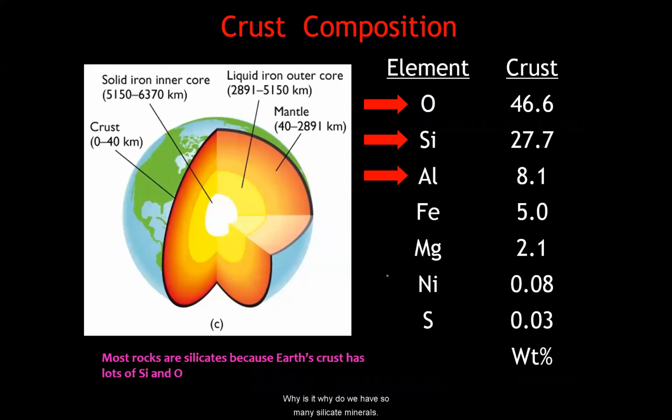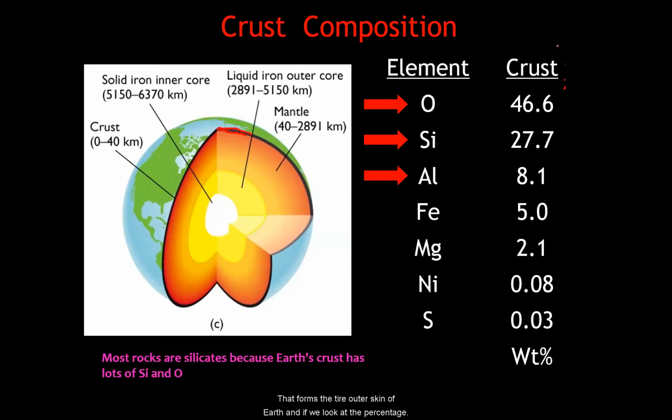Why do we have so many silicate minerals at Earth's surface? This is just a table of the composition of Earth's crust. So remember, that's that outer skin defined as being made of silicate minerals of a particular type. And it forms the entire outer skin of Earth.